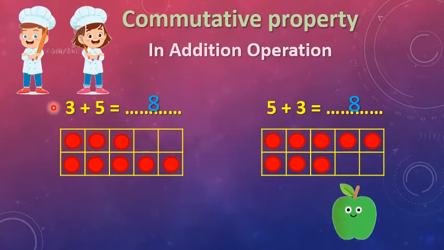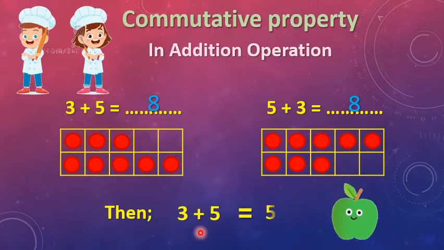Then 3 plus 5 equals 8 and 5 plus 3 equals 8. Then 3 plus 5 equals 5 plus 3. These numbers have the same results, and it's called commutative property in addition operation because we have here the plus sign.